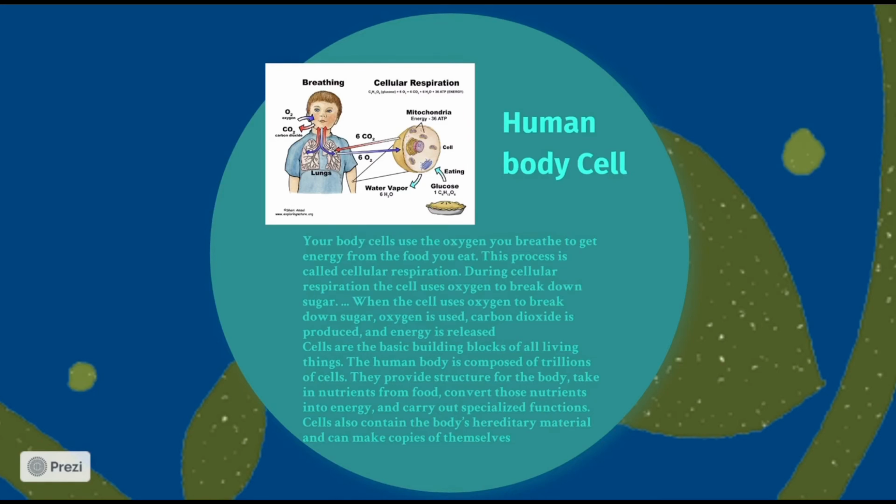Cells are the basic building blocks of all living things. The human body is composed of trillions of cells. They provide structure for the body, take in nutrients from food, convert those nutrients into energy, and carry out specialized functions. Cells also contain the body's hereditary material and can make copies of themselves.